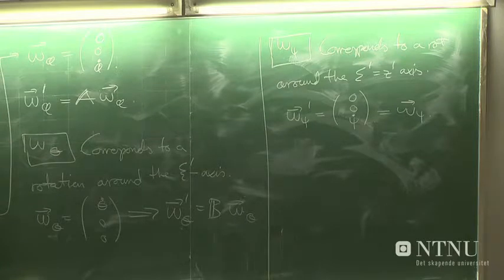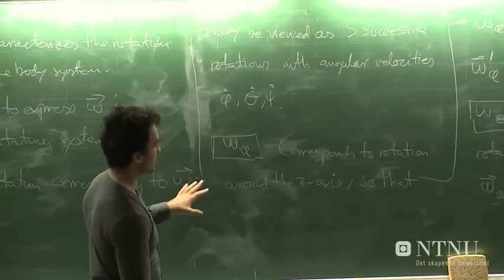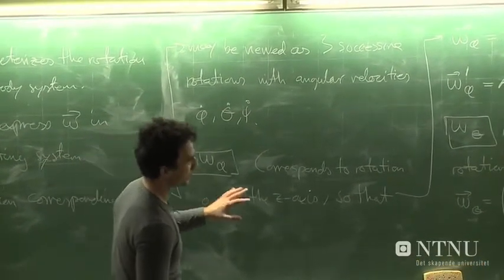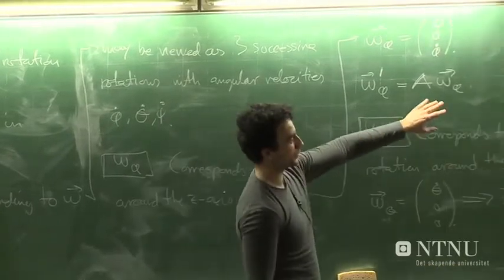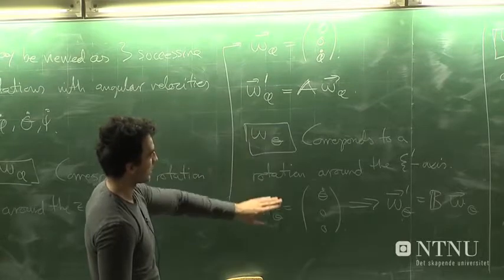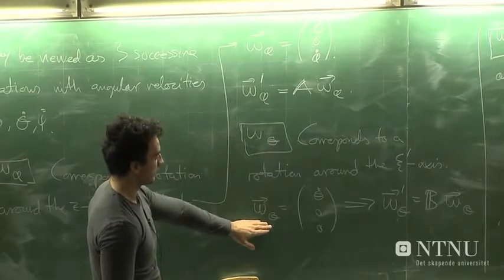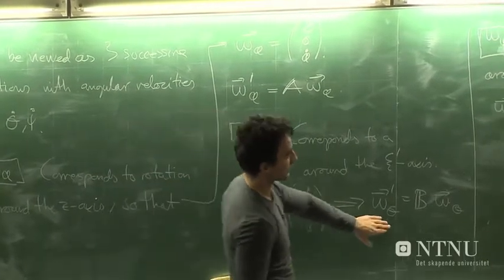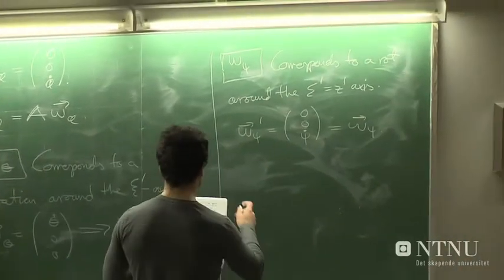And so we now have all of the components. We have expressed the angular velocity corresponding to the rotation with phi in the final system, and the same thing for theta and psi.